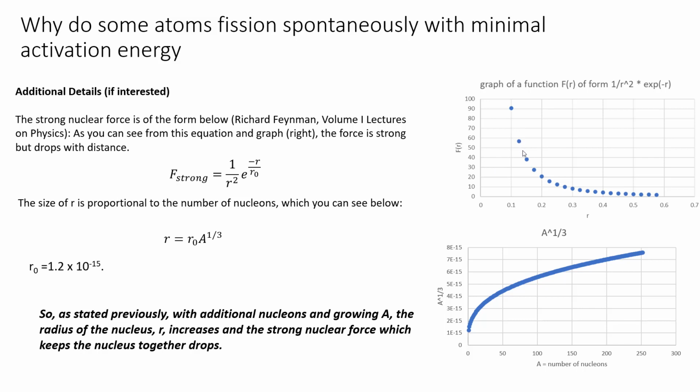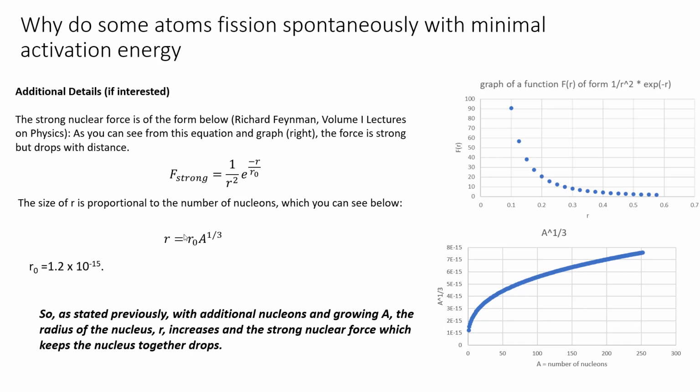So this makes sense. We're finding from experiments that as the radius of the nucleus increases, so you're moving along this axis, the nuclear force drops. The radius of the nucleus is a function of the number of nucleons.